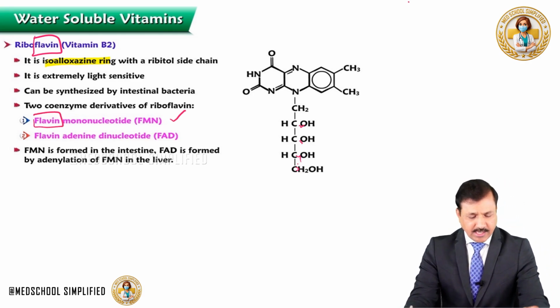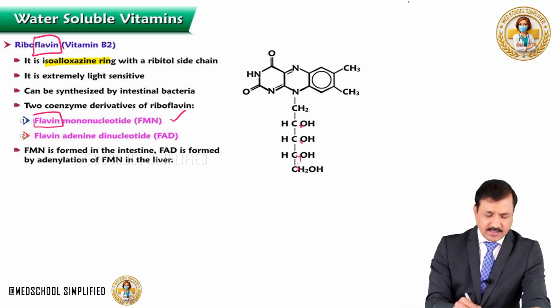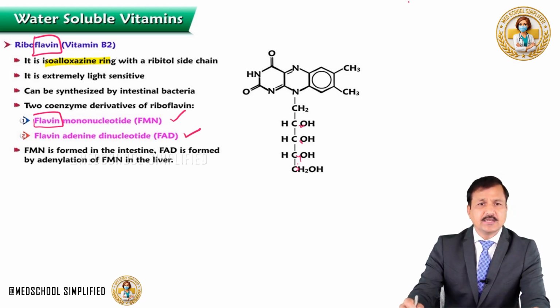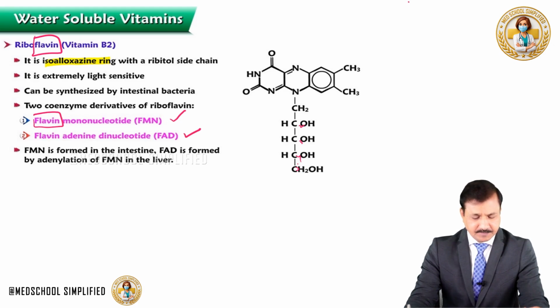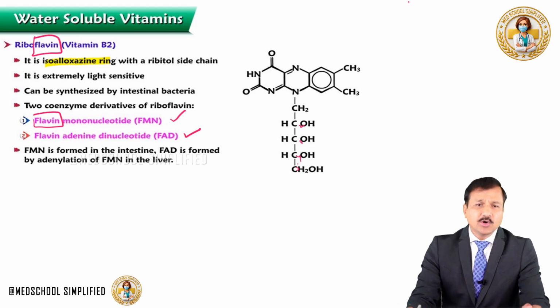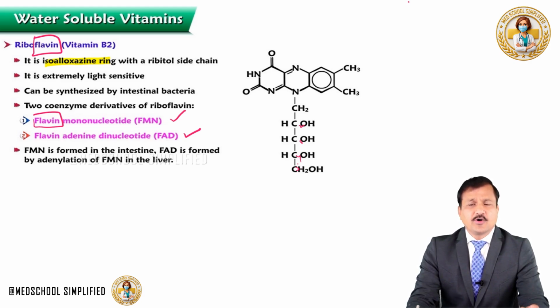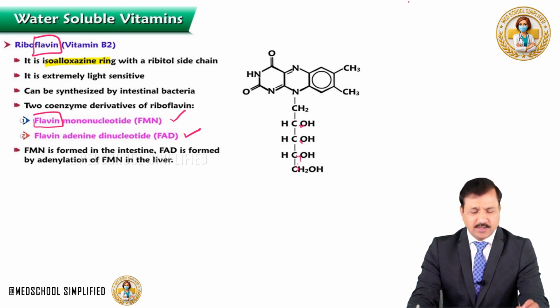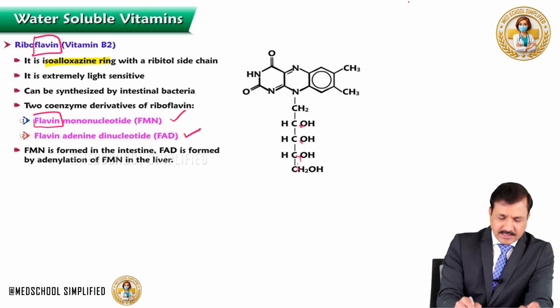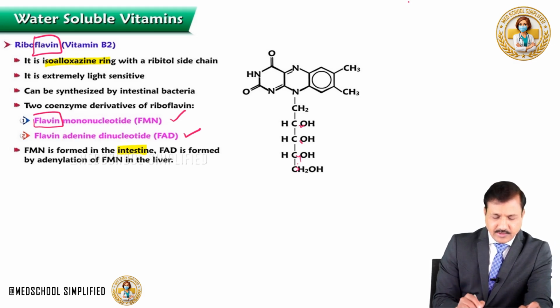The other coenzyme form of riboflavin is Flavin Adenine Dinucleotide, FAD. Now, Flavin Mononucleotide is formed in the intestine, whereas Flavin Adenine Dinucleotide is formed by the adenylation of FMN in the liver. So make sure you remember FMN is synthesized in the intestine, whereas FAD is formed by adenylation of FMN in the liver.